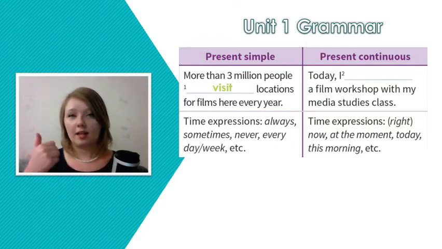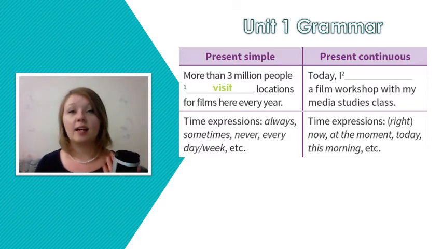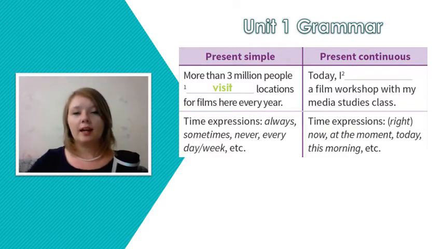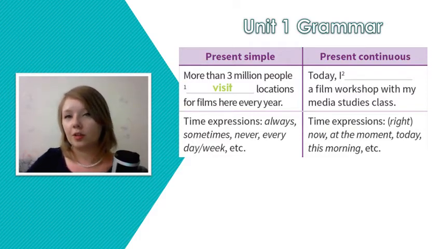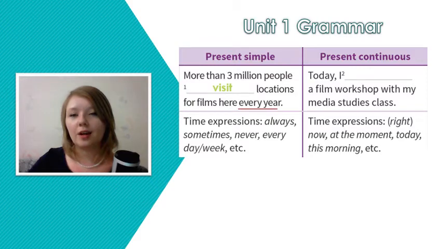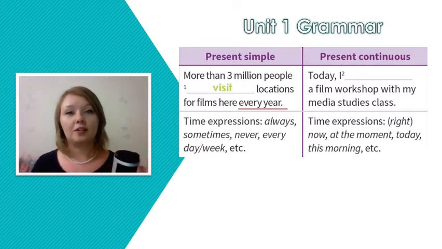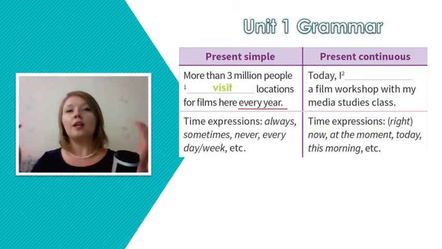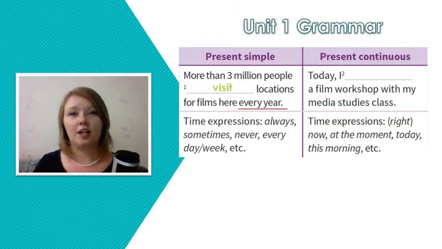If we have he, she, or it, we add s, es, or ies to the verb. And here we can see that we would want to use the present simple because we're talking about something that's always true. More than 3 million people visit every year. All my students come to class every day. So when we're talking about things that are always true, or are facts or habits, we use present simple.